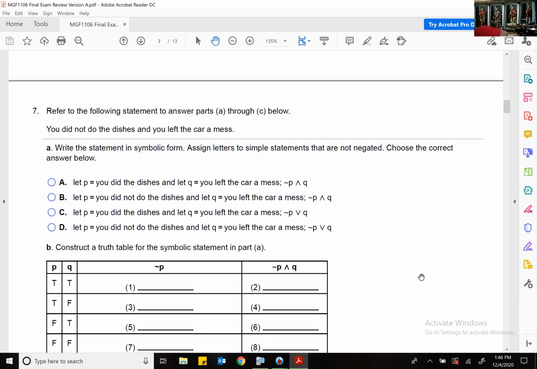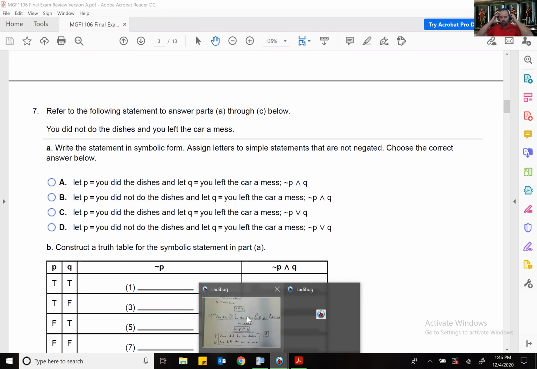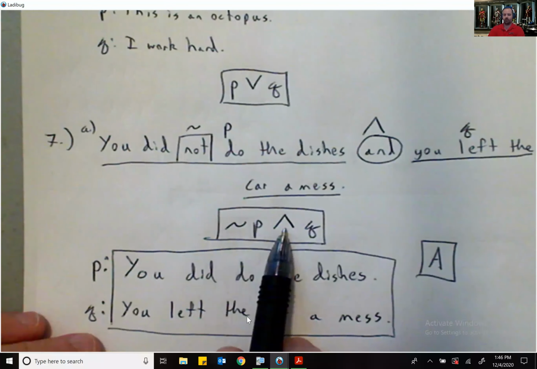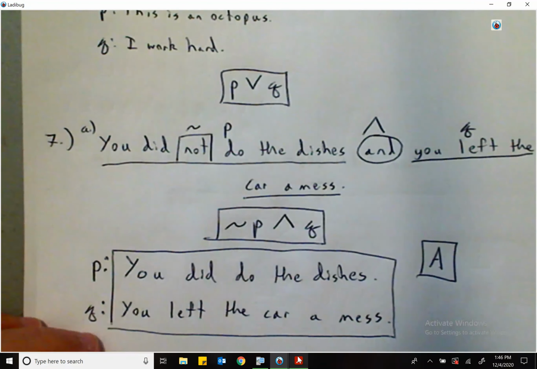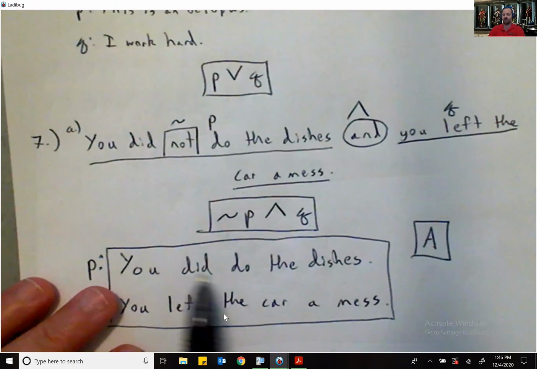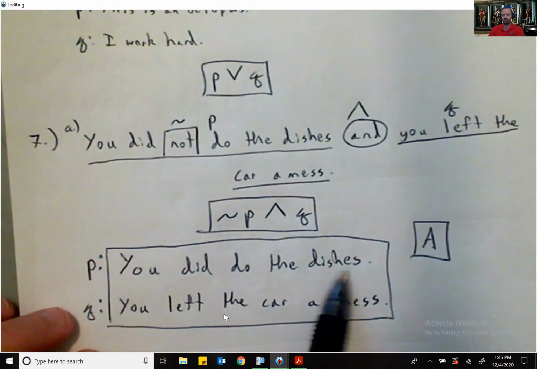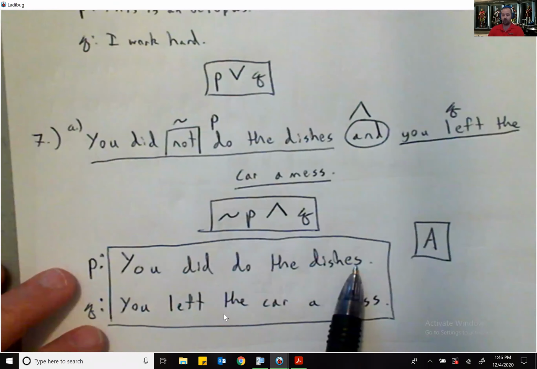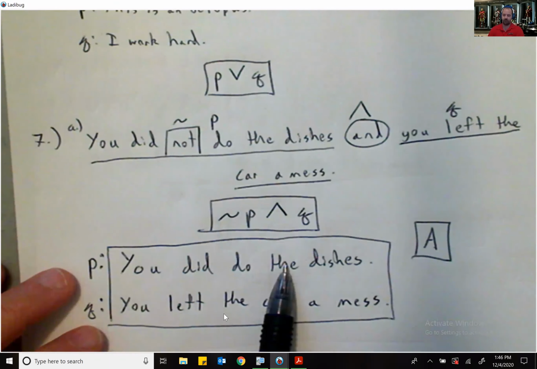Because if we go back and look at what we wrote, the symbols are squiggle P, rooftop Q. If you look at A, squiggle P, rooftop Q, that's good. Our P statement is you did the dishes. It's the same thing.